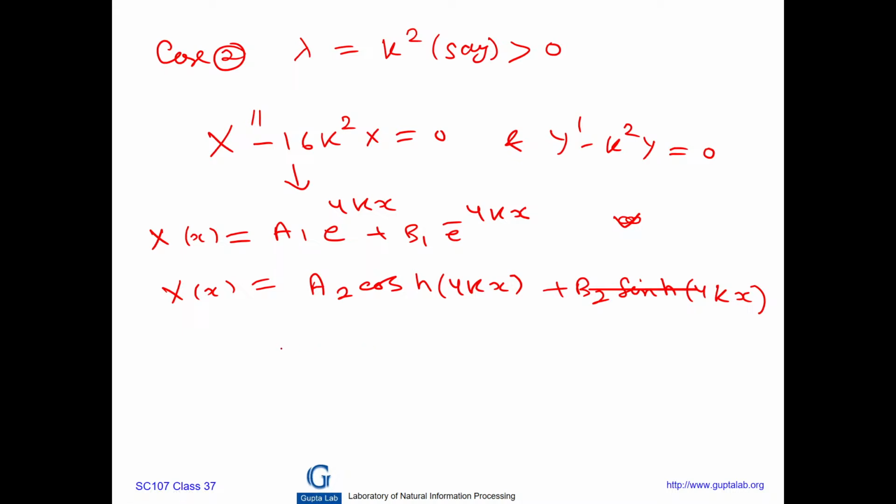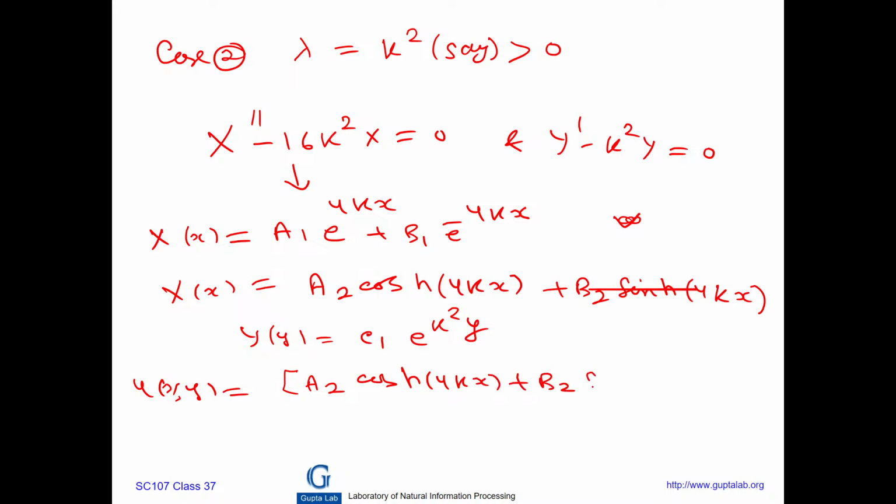And what about Y? Y of y is a constant times e raised to power k square y. So u(x,y) actual solution is a2 cosh 4kx plus b2 sinh 4kx times c1 e raised to power k square y.